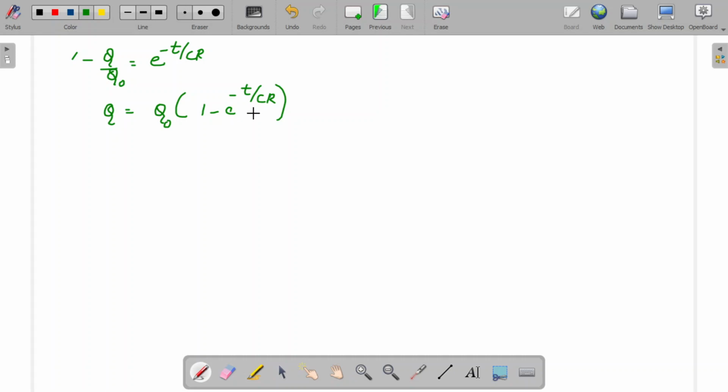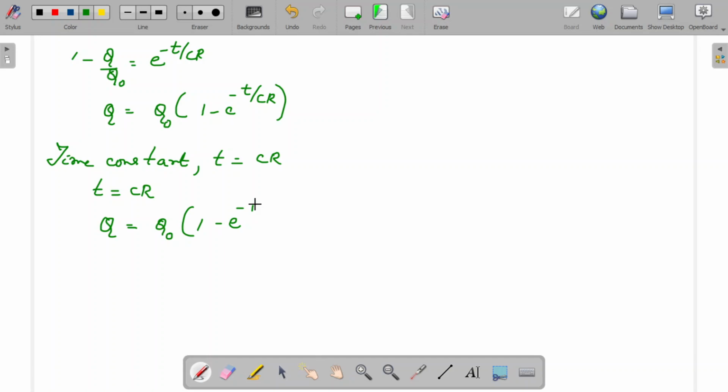Here you can understand what the time constant is. Here the time constant can be written as equal to what? Yes, think and tell me. The time constant here is actually equal to CR. So why do we say that the time constant is CR? When time t is equal to CR, you know that the relation becomes Q equal to Q0 into 1 minus e raised to minus 1, right?